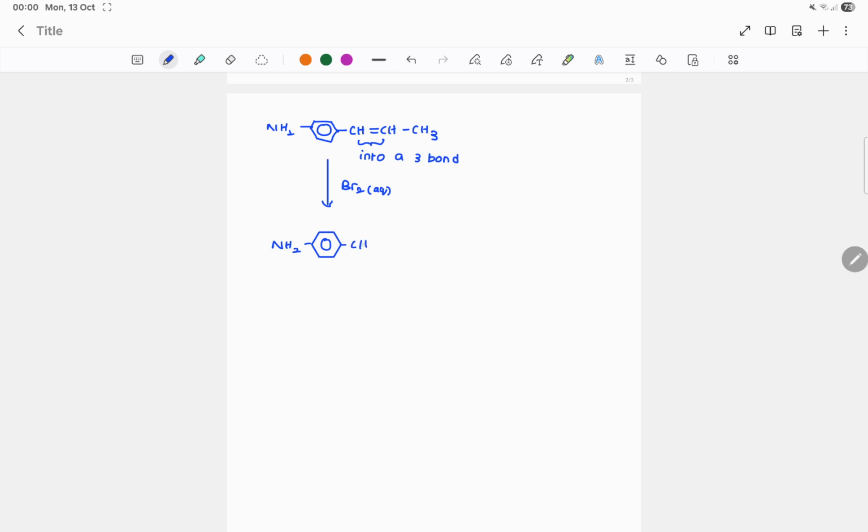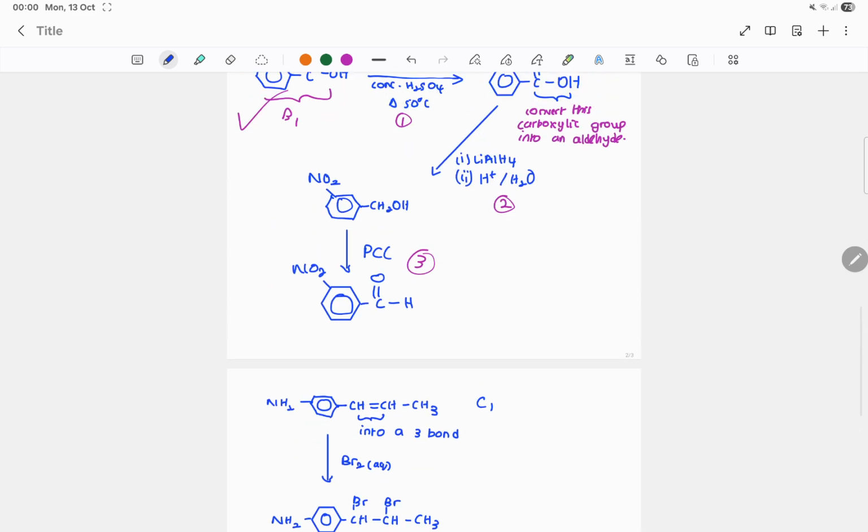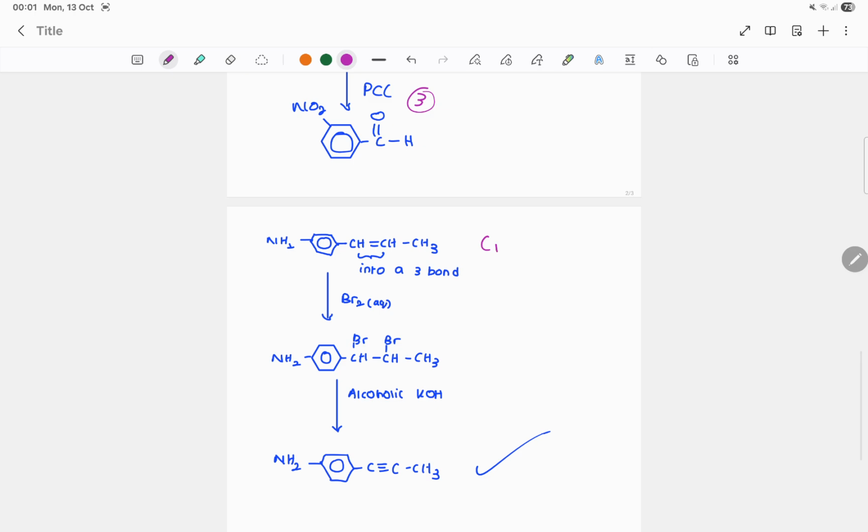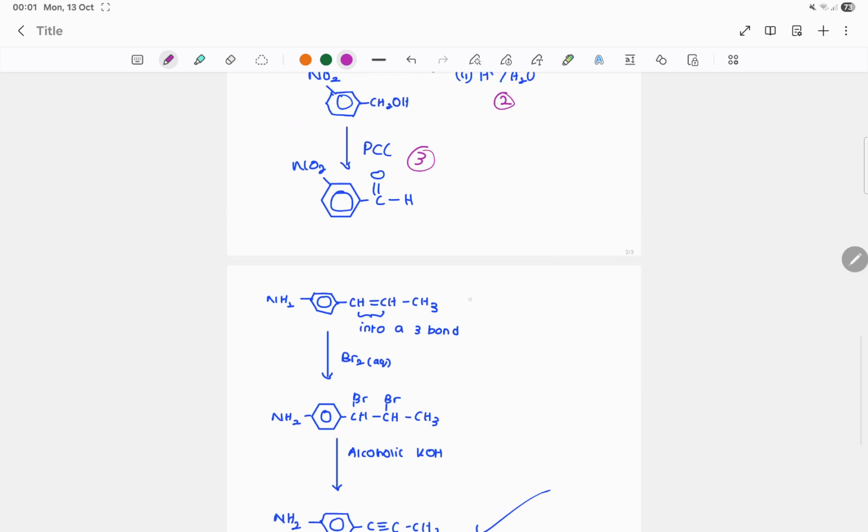CH Br CH Br CH3 is obtained. So for this, when I add alcoholic KOH, I will receive NH2 C triple bond C CH3. Okay, so therefore this is C1. This is C1 and this will be B1.